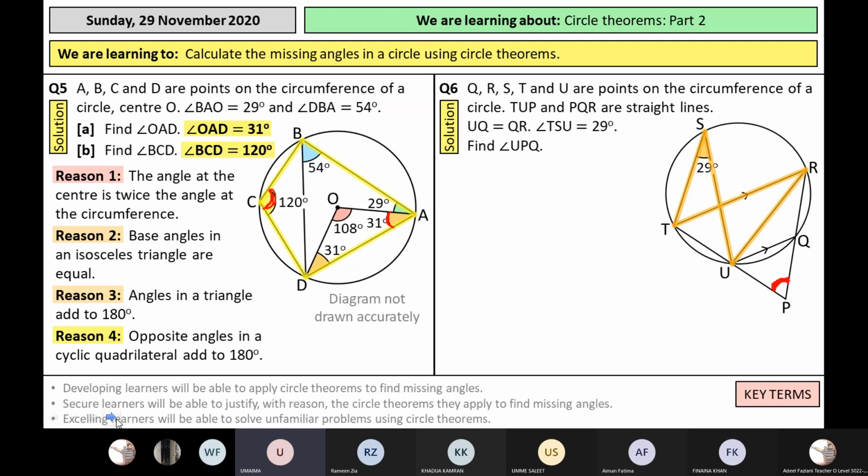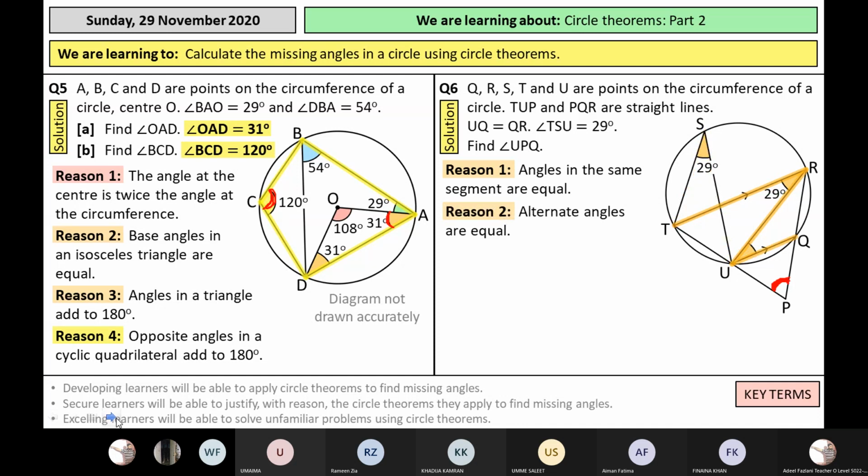First of all, you need to target the angle in the same segment to find the 29 degrees. Next is the alternate angles, which is nothing but the Z, all right, is 29. Once again, parallel lines and the base angles of an isosceles triangle.